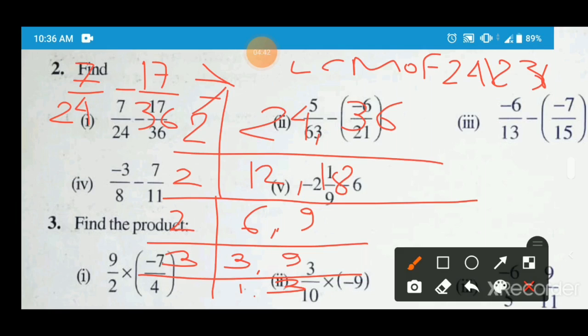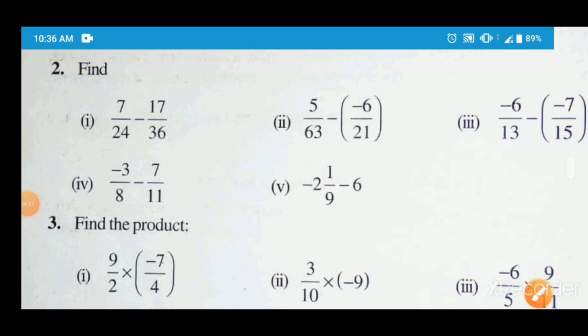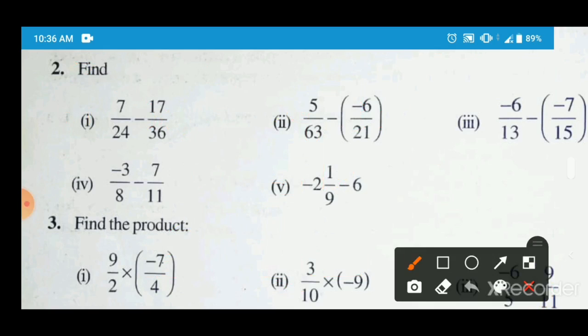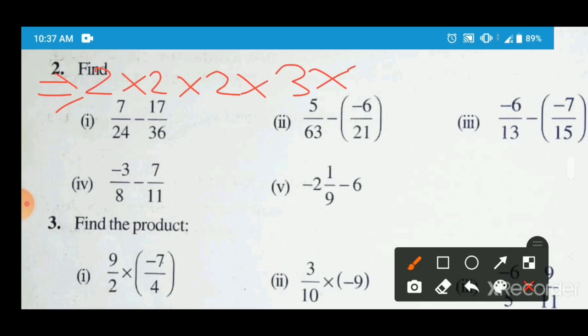So the LCM of 24 and 36 is what? That is 2, 2, 2, 3 times 2 and 2 times 3, 3 and 3. Here we can write 1, 2 and 3 times 2 and 2 times 3.